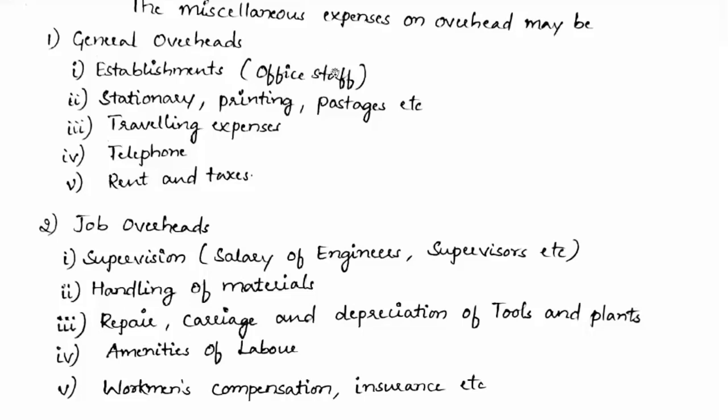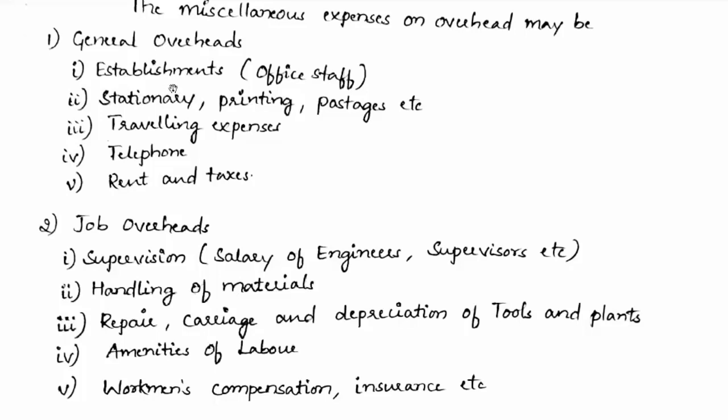In general overheads, we require certain establishments. For example, if your site is very large, with many floors, many high-rise structures and many towers, then in the site itself we construct certain temporary offices. Again, after completion you have to demolish or remove those cabins.